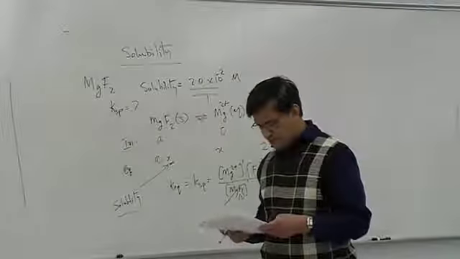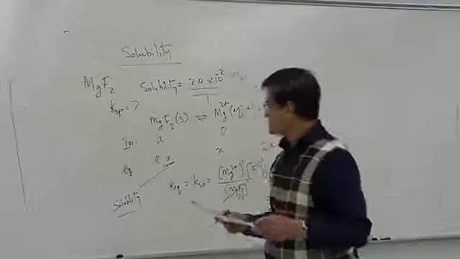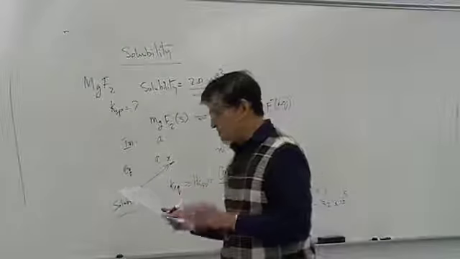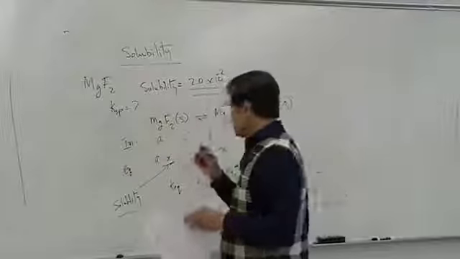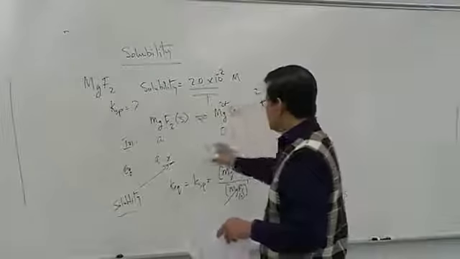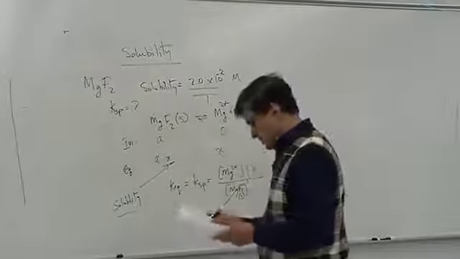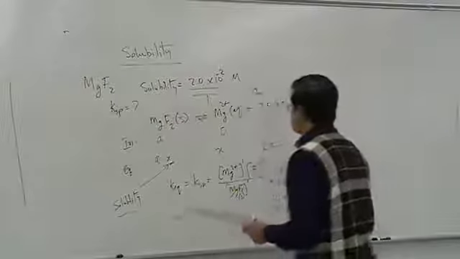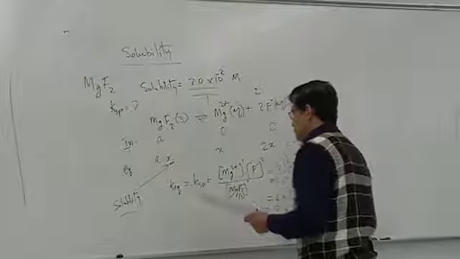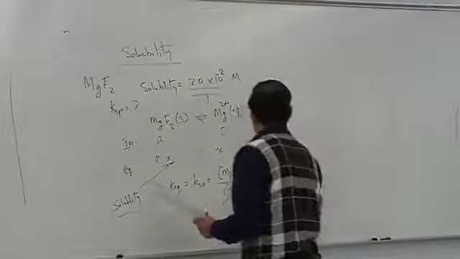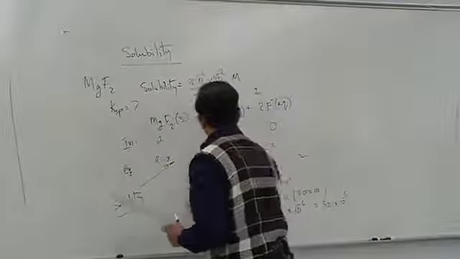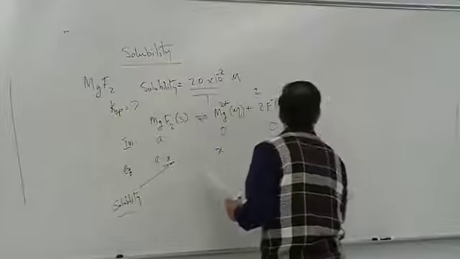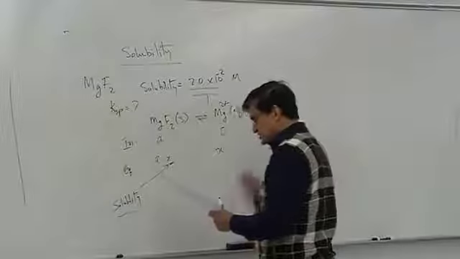My next problem would be the same, on solubility in presence of a common ion. So let's use the same reaction of MgF2. Now we are adding something else to it, so that's what we're going to look at now. So the question is like this.